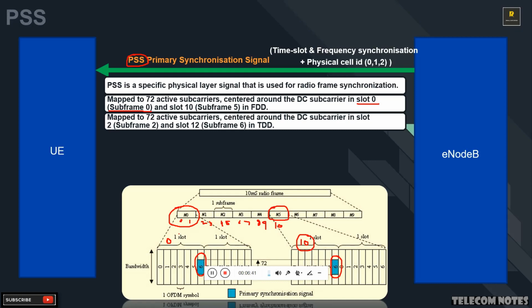That means subframe 1 will be this one, and in this one it will have slot 2, that means 0, 1, 2, slot 2, this one. In subframe 1 and slot 2 it will be placed, and for slot 12 also, in subframe 6, it is placed at the same location.